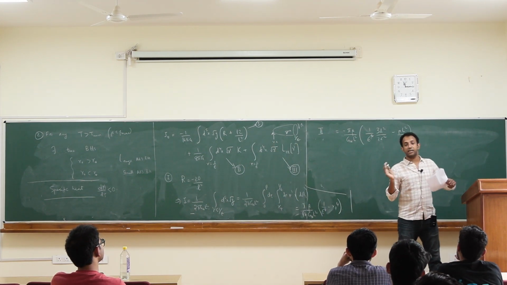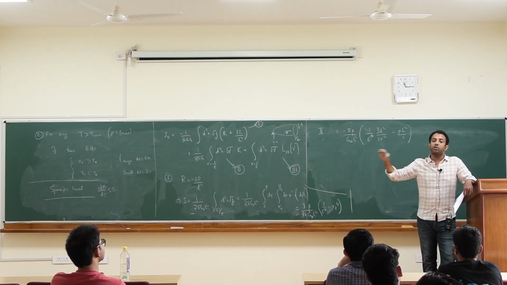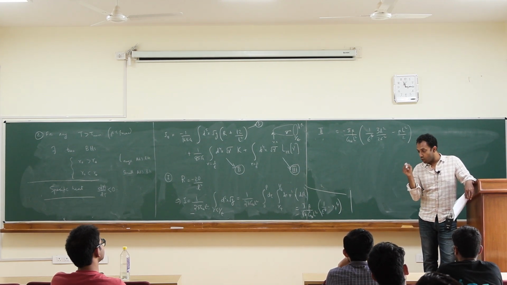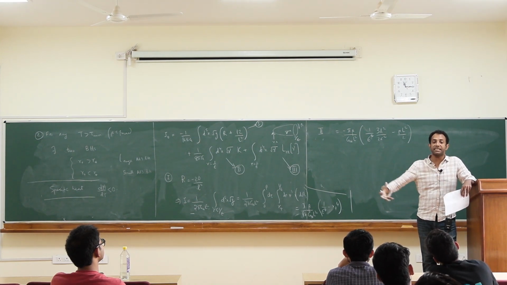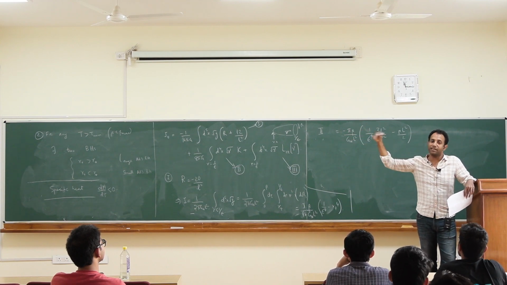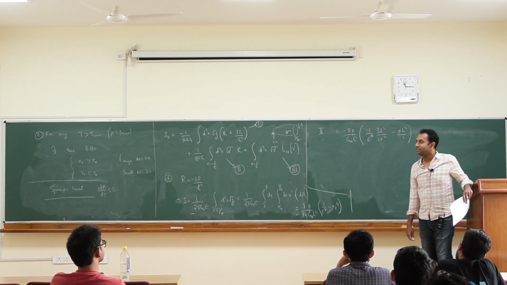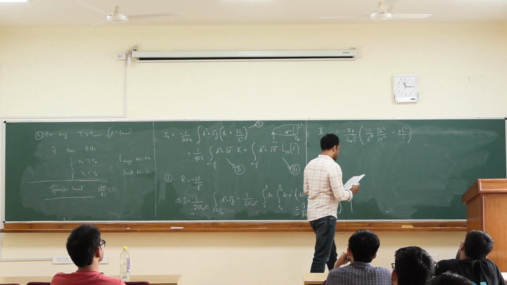In Kruskal, going into r equals 2m is not the r equal to 0 point. There's a finite sphere into which you can fall, and that's why you emerge on the other side, in some other universe. So here that's not possible.